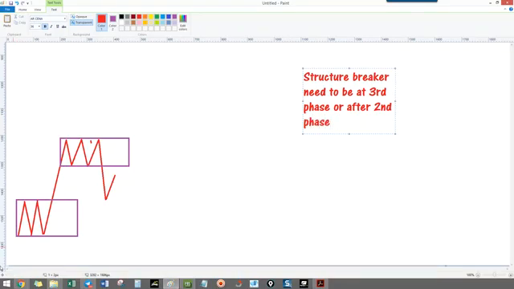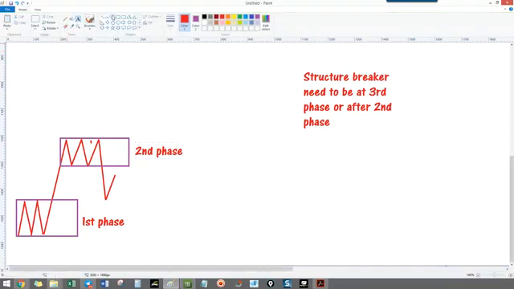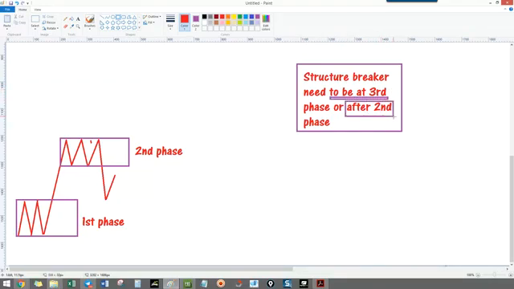Whoosh. Right, so this is the first phase, second phase. Let's read the notes. Structure breaker needs to be at the third phase or after the second.